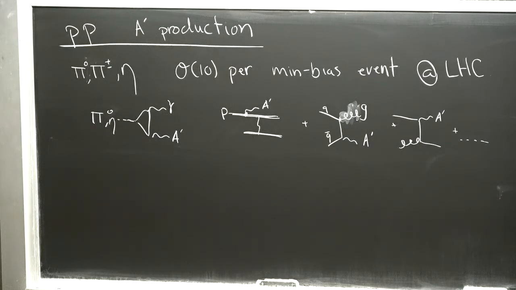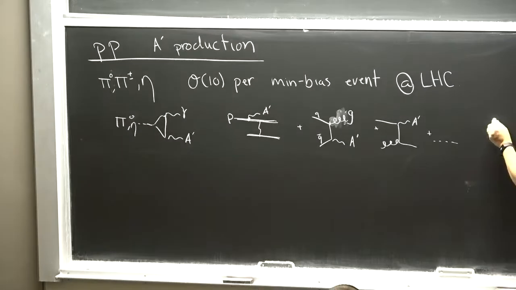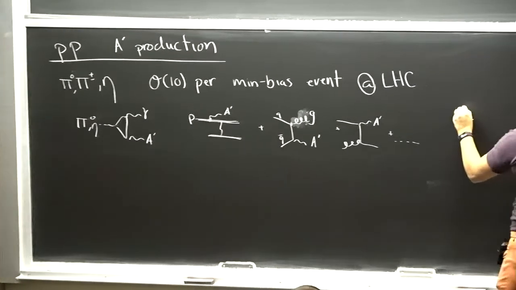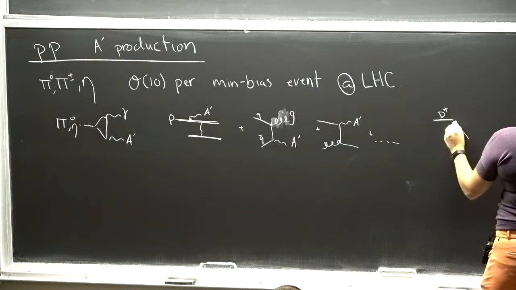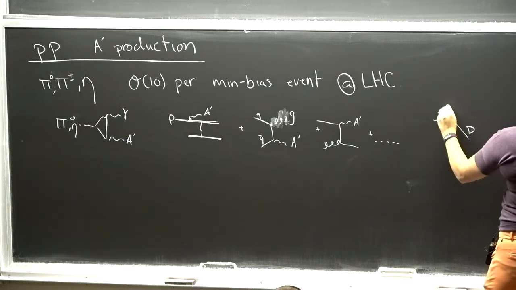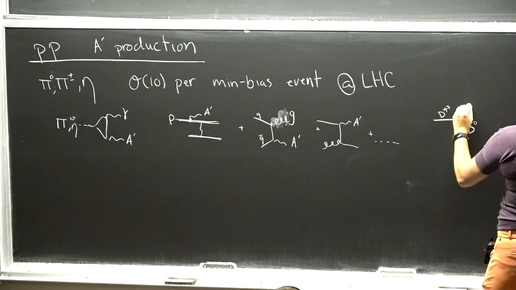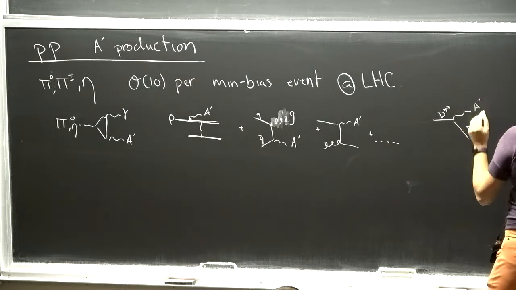And then on top of that, there can be sources that are relevant, for example, at LHCb, from heavier meson decays. There's a rate of decay of the D star 0 to D0, usually produced with a photon, and that can produce a dark photon.